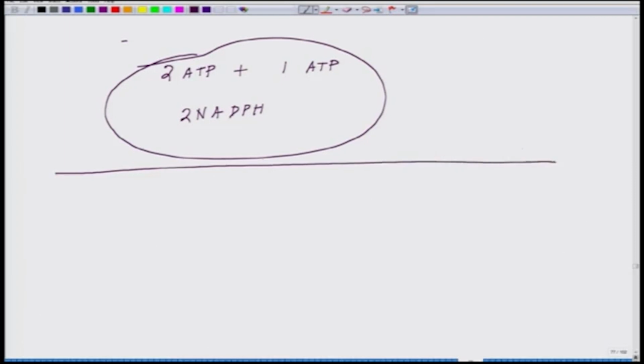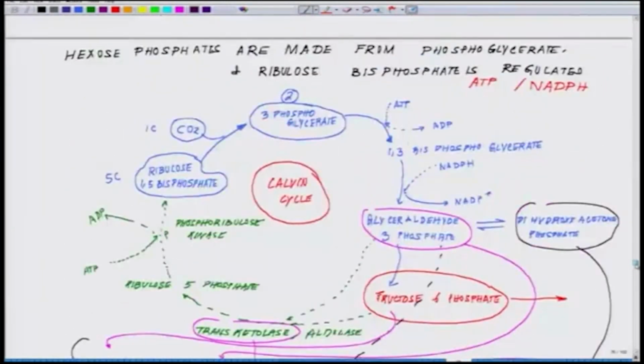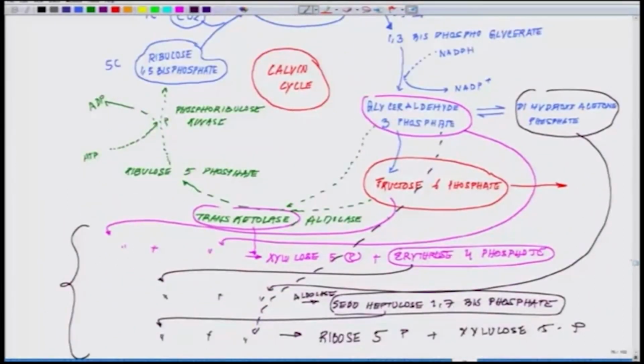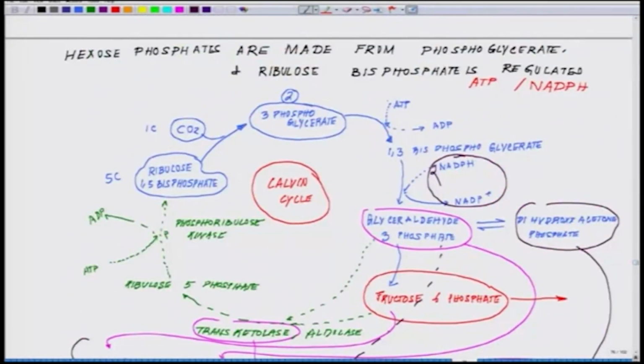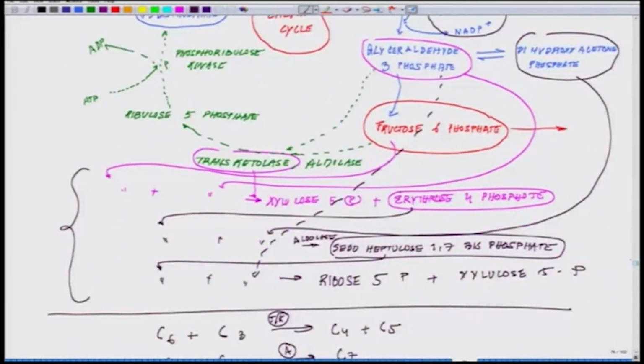If you now go back to the cycle and add up, look, this is where you have the NADPH, 2 NADPH, you are having 2 ATP which are getting consumed, and here you are having another ATP which is getting consumed.